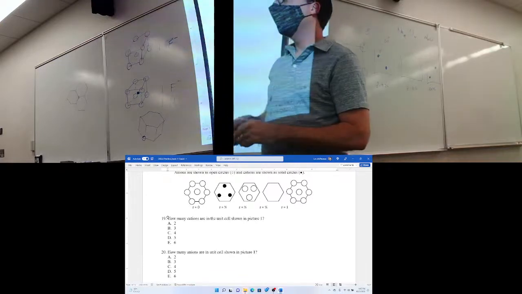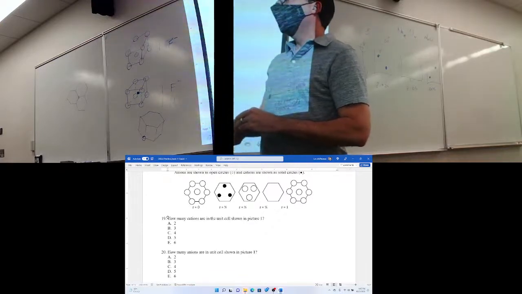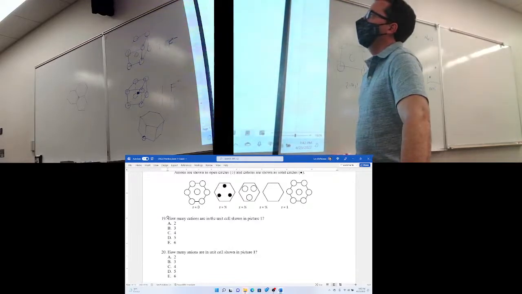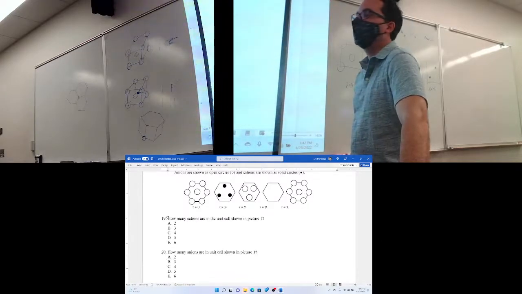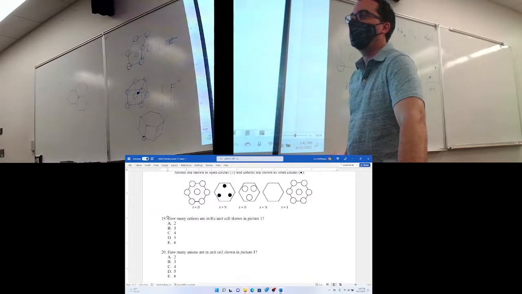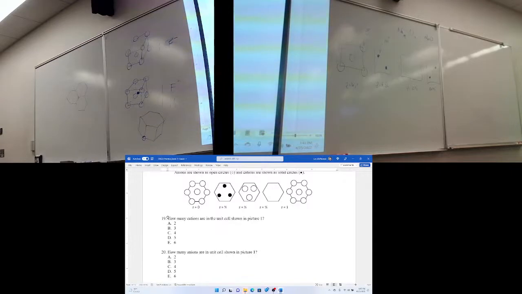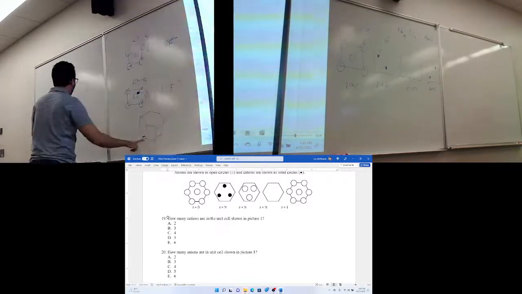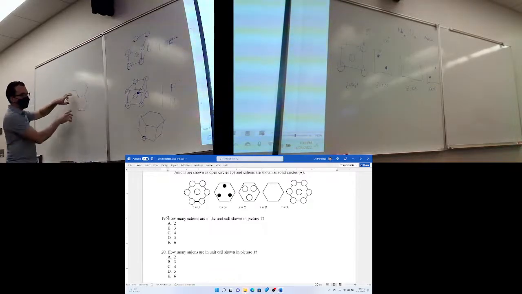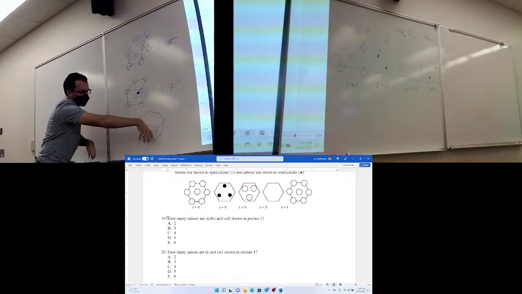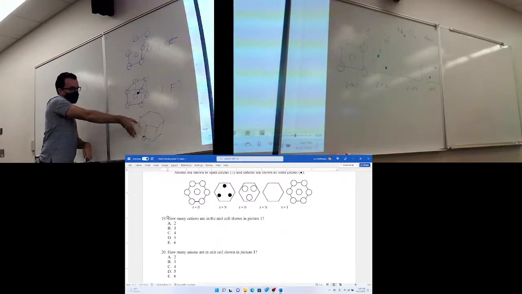Why is it different than the cube? Why would this shape be different than the cube? I mean, it's just however many unit cells it can be shared with. I need to get a model to really show you, because I don't have one for this. But this corner right here, if I imagine this layer, there's a hexagon that fits right there, and there's a hexagon that fits right there, and that's it.